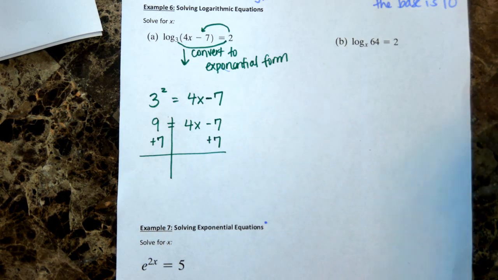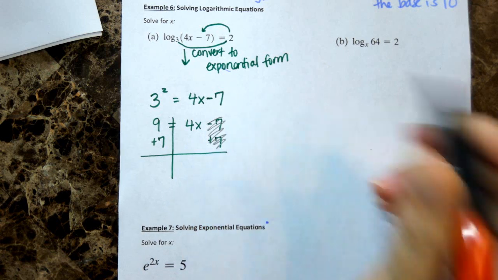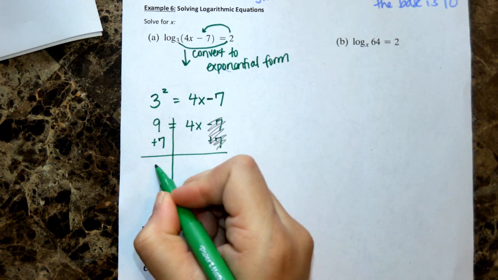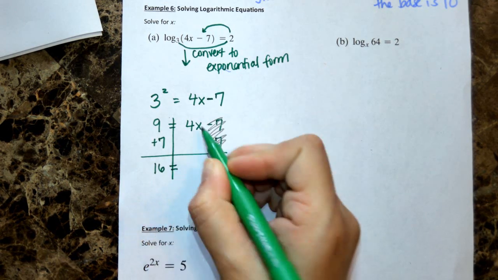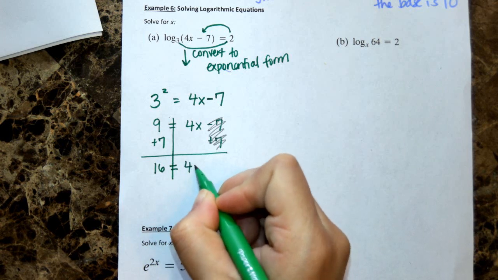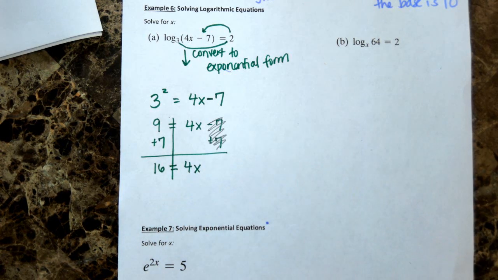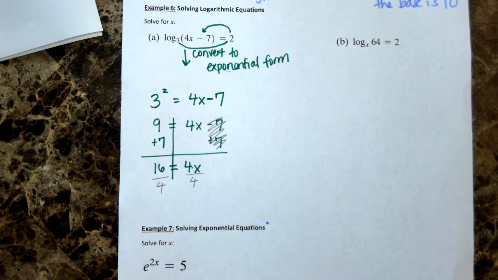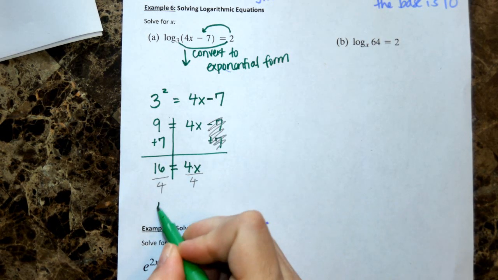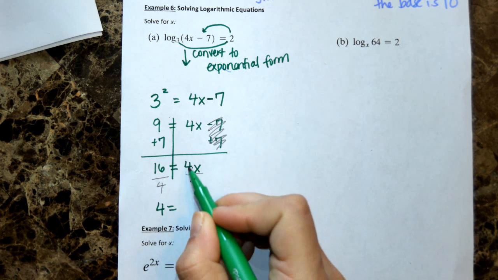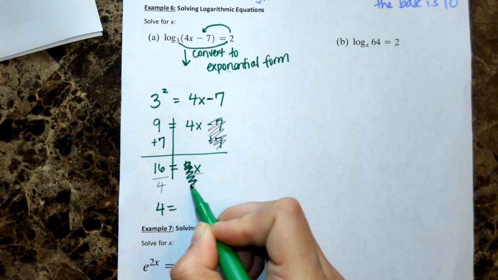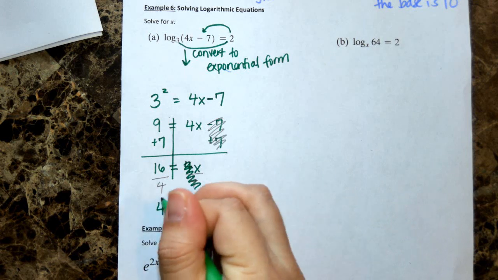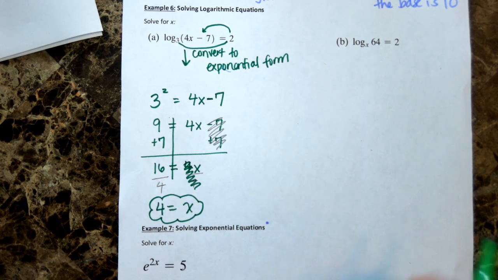Minus 7 plus 7 is 0, so those cancel out. 9 plus 7 is 16, and I'm going to set it equal to 4x. And then lastly, I'm just going to divide by 4 so I can get x by itself on both sides. 16 divided by 4 is 4, equals, and 4 divided by itself is just 1, so those cancel out, x. And there's our x value.